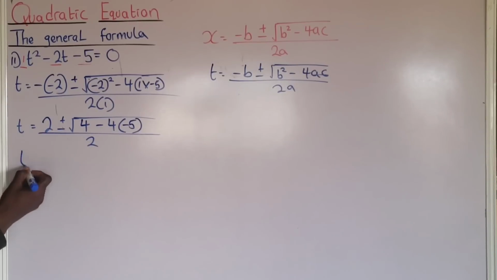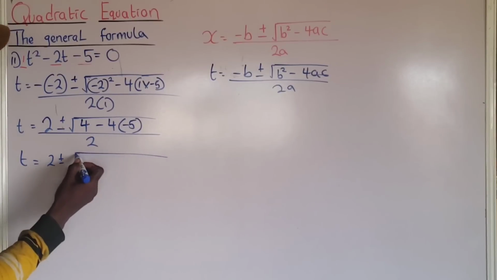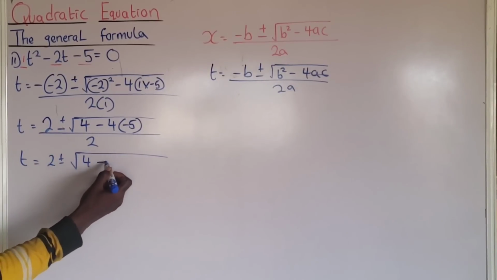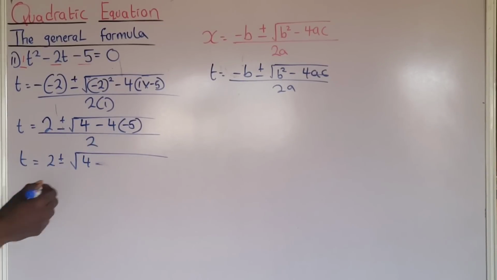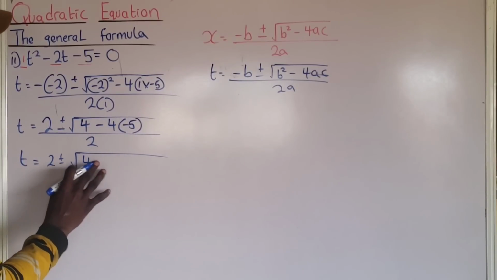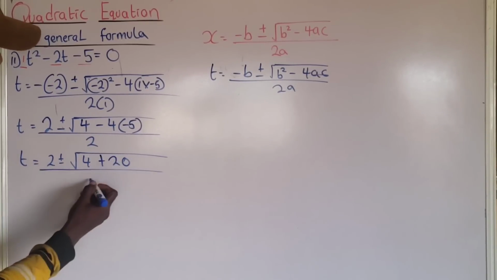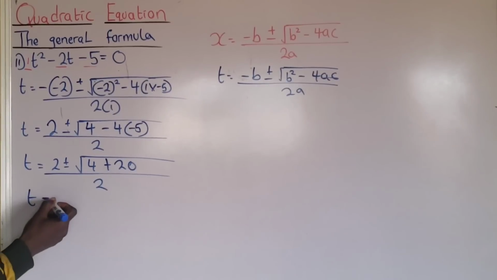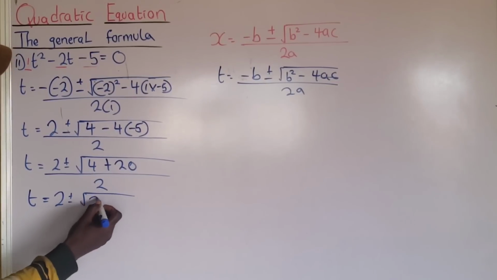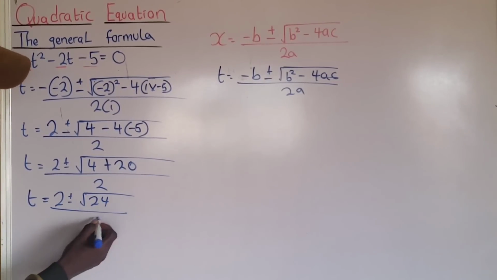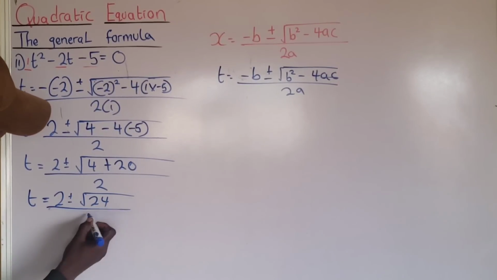So for this, I'm going to have t equals 2 plus or minus the square root of 4 minus 4 multiplied by minus 5. That is what? Plus 20. All over 2. Okay? t equals 2 plus or minus square root of 24 all over 2.